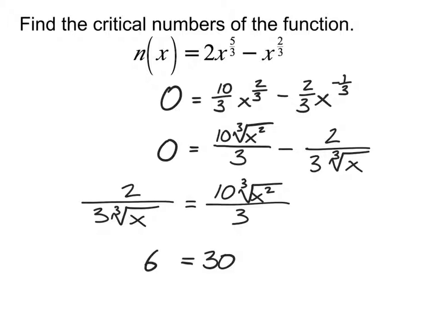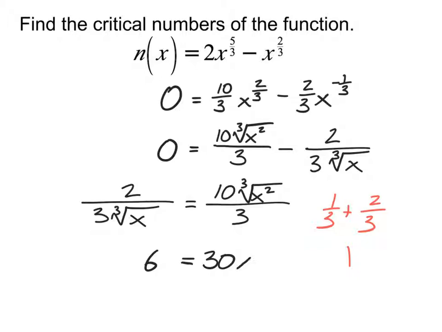So we now are at the point where we're multiplying cube root of x by cube root of x squared. Now when I do this one, what I'm doing is I'm seeing it as x to the power of 1/3 times x to the power of 2/3. And when we multiply them, remember that means add the exponents. So I'm going to do 1/3 plus 2/3, which of course is just 1.